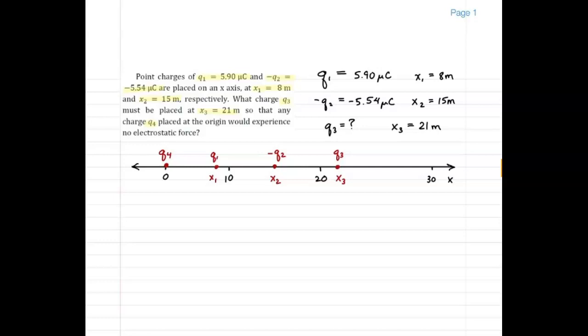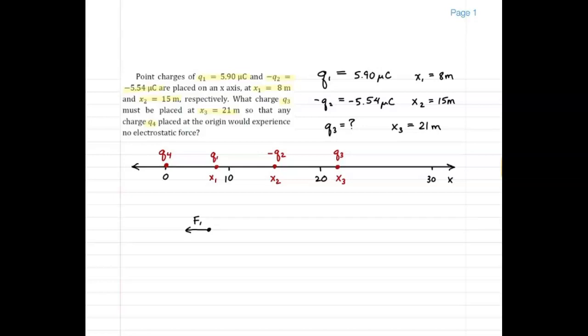If we were going to do a free body diagram, you would have forces on Q4. Q1 and Q4 assume positive, so Q4 would get a repulsive force pushing it to the left like this, F1.